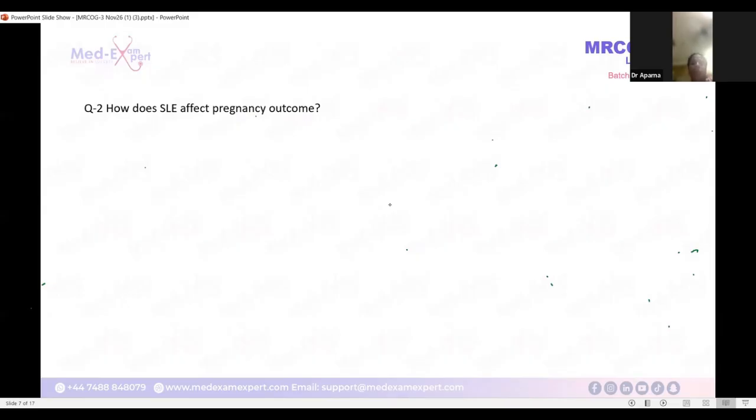Since she's on prednisolone, I'll monitor her BP during every visit, and also her sugar levels. OGTT, the oral glucose tolerance test, would be done as early as possible to monitor her sugar levels. After that, a series of growth scans would be done, and the mode of delivery would depend upon the patient's general condition and also the status of the baby.